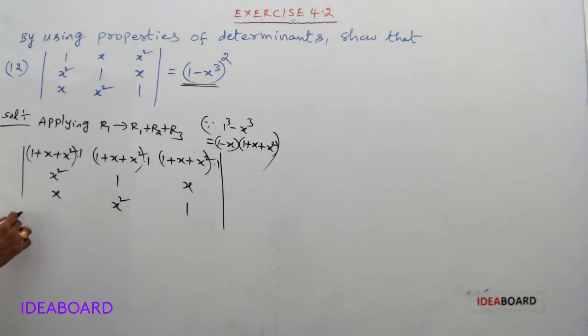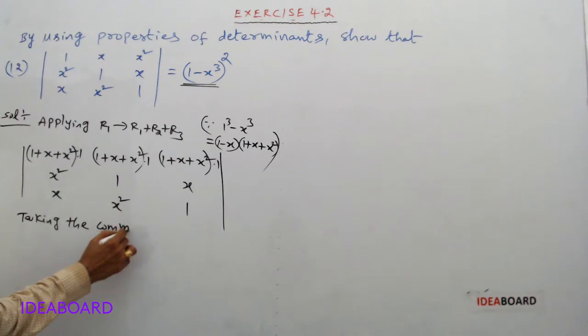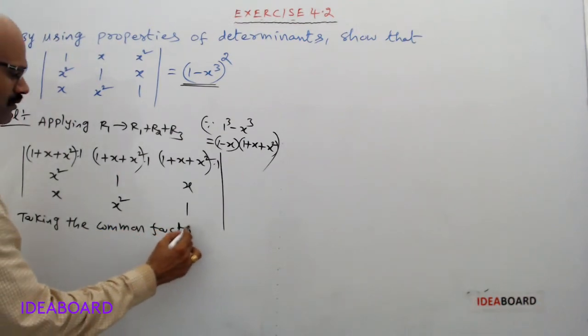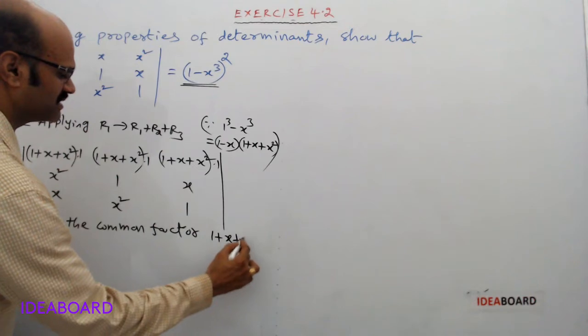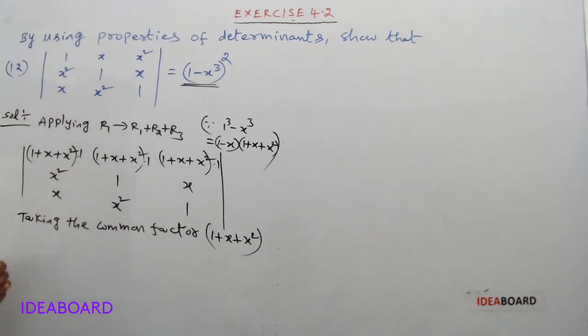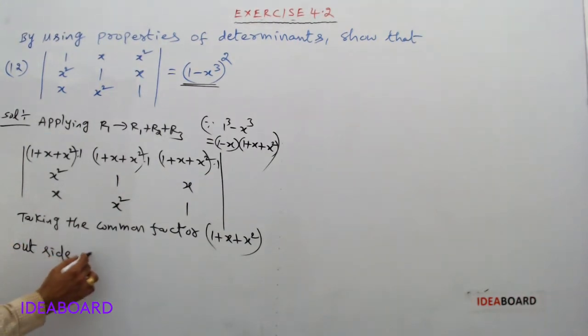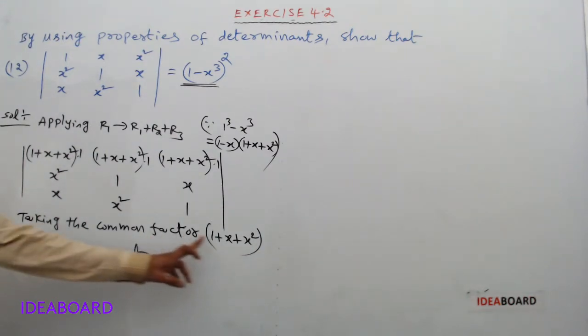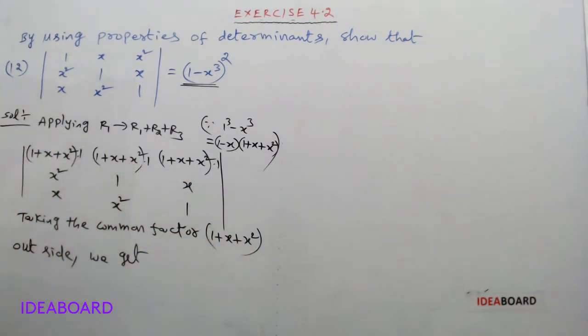Taking the common factor 1 + x + x² outside, we get 1 + x + x² into the determinant of 1, 1, 1.